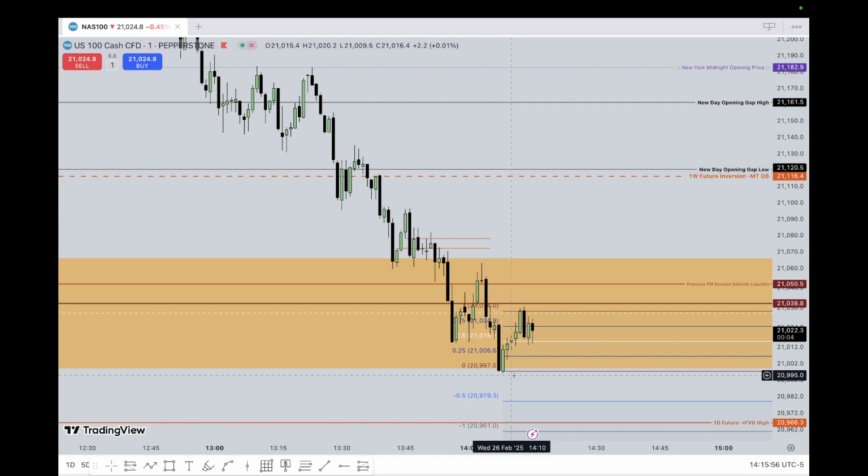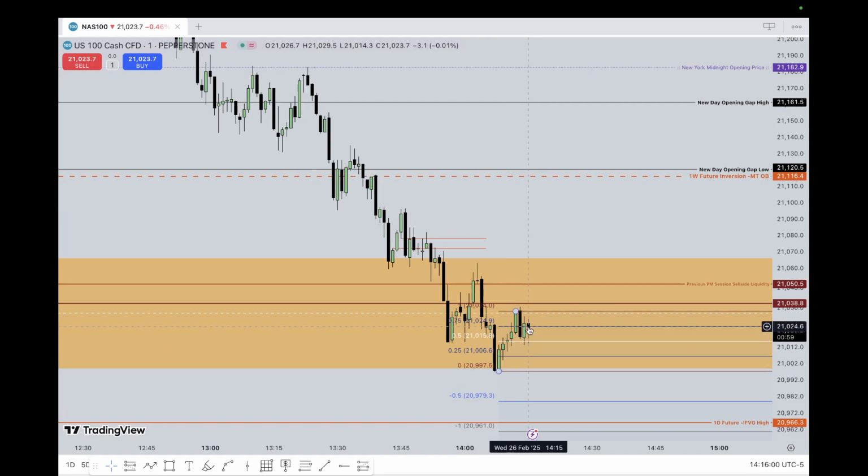So this low forms the order block. Before we trade into it, I want to see the market close below its future or current 50%. I like the fact that we close below this here, the 25%. So if we go here, we should close below it with speed.